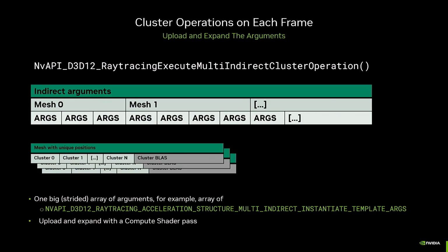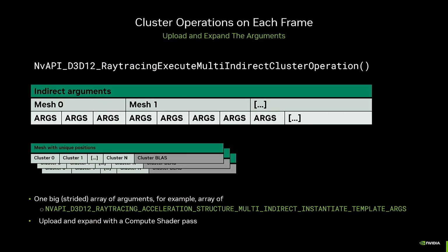The cluster operation arguments must be given in one big array in the GPU memory. And since each of these operations targets many meshes in independent allocations at once, that array needs to be filled based on what meshes are built on that frame.